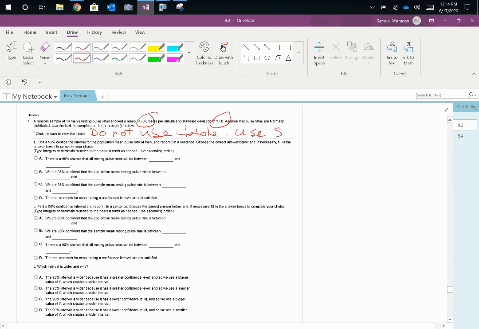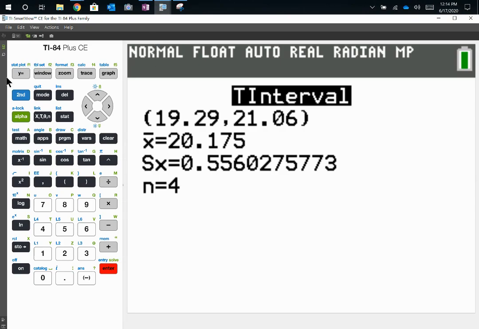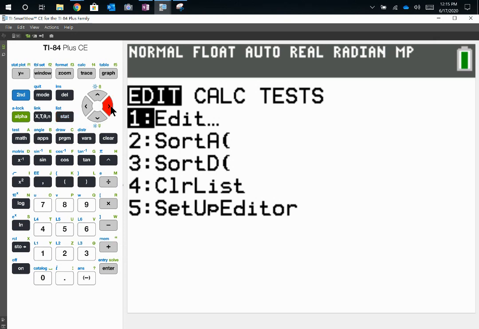Use stat, crunch, or calculator. Okay, tables are kind of redundant at this point. All right, so let's see. The sample size is 14. Mean is 70.6. Standard deviation is 17.8. Let's do the calculator first. Stat. Test.